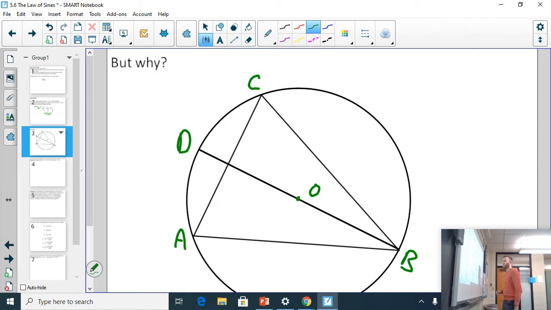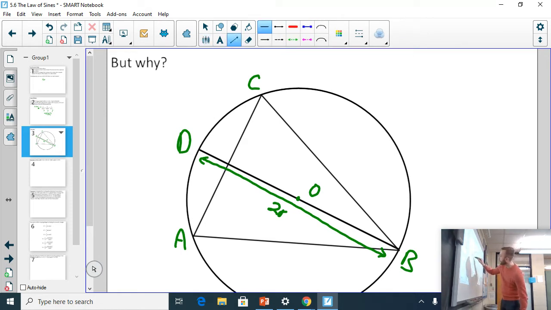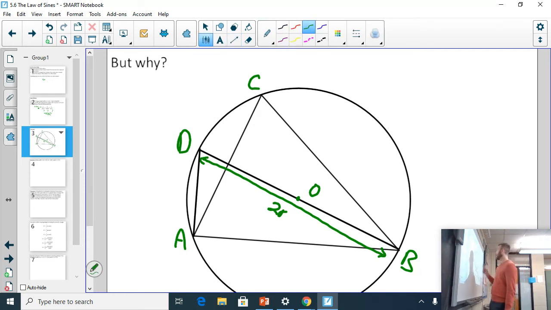And let's call this whole distance here 2R, right? The diameter, or 2 times the radius. But since I'm already using D here, I'm going to call it 2R instead. And now notice if we connect D and A there, I'll do it in red instead, right here, we have a right angle.